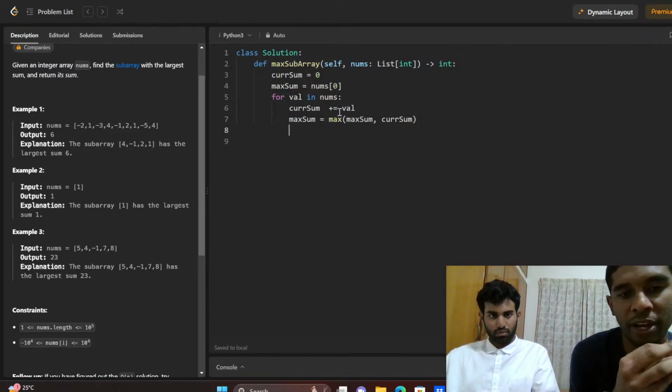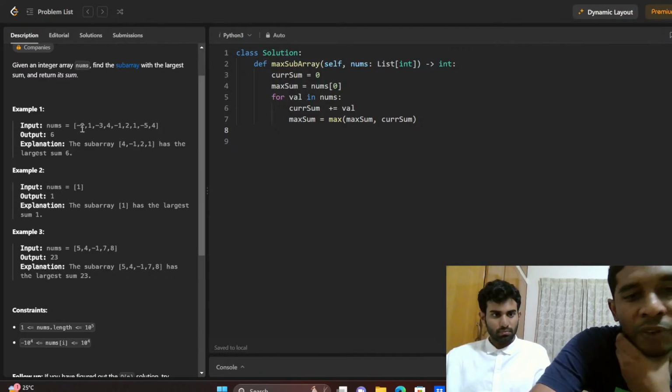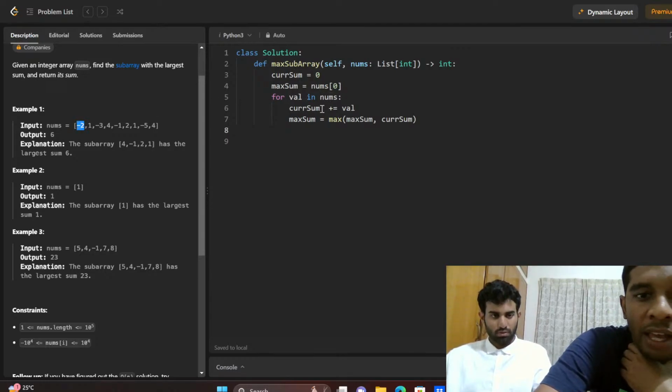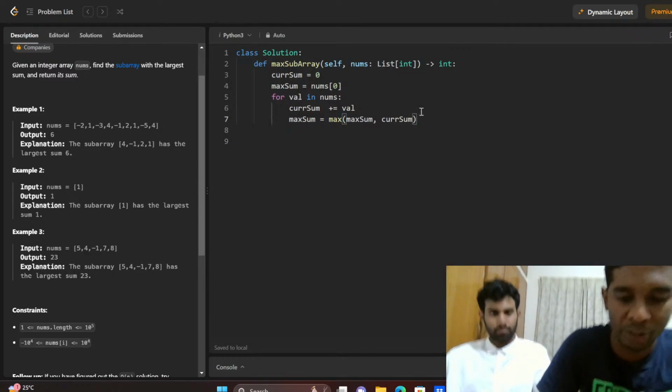And now here is where the logic I was telling you about comes into play, right? Let's say I first go to this element and I have minus 2 in my current sum, and in maximum I had minus 2. Once I finish this part, I again take the max of maximum and current sum, which will again end up with minus 2, right?